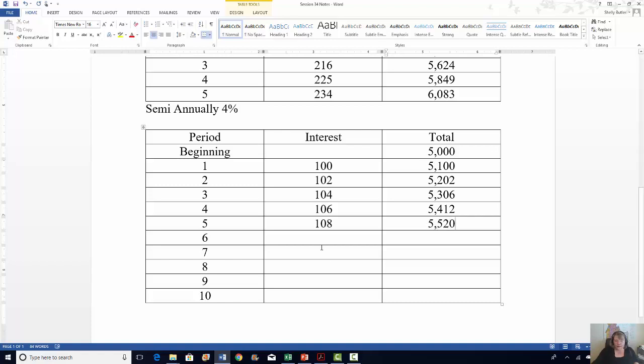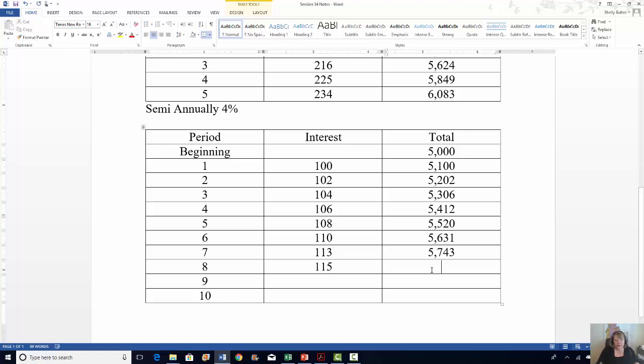Okay. And $110. So every 6 months you're getting more money. 113 jumps up because our balance is higher now. And 115.